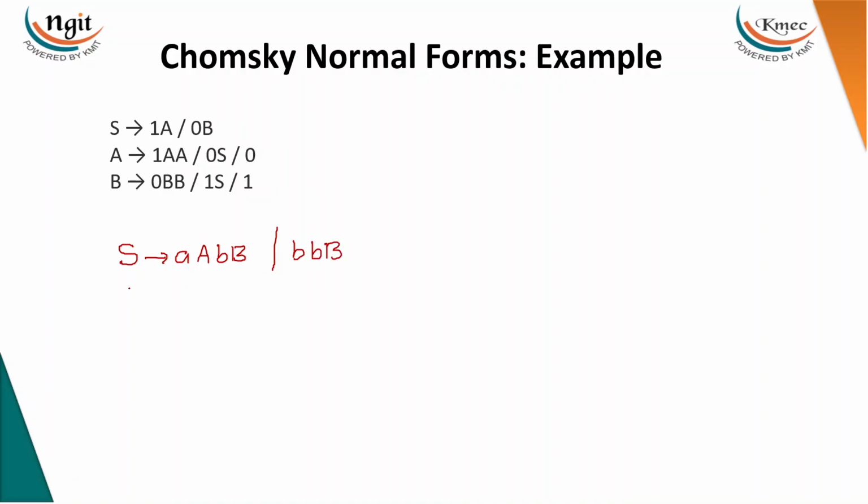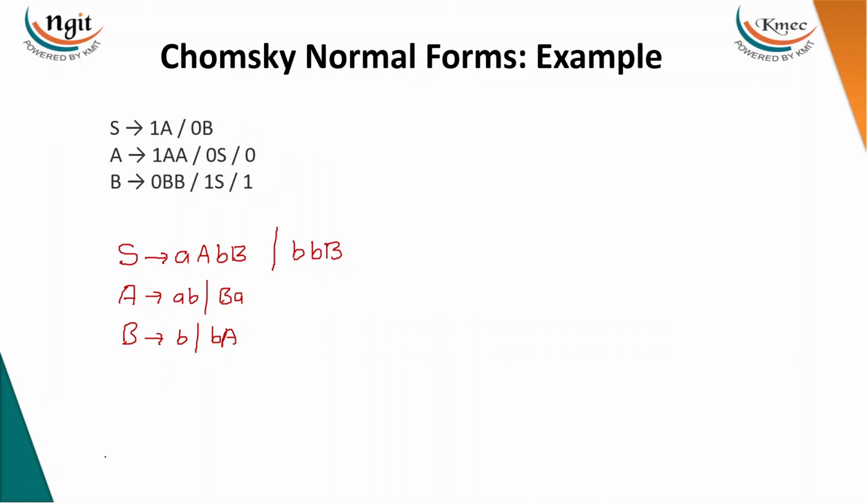Then A tends to AB or BA, and B tends to B. That's it. What is the problem? BA, no problem. You take whatever you want.